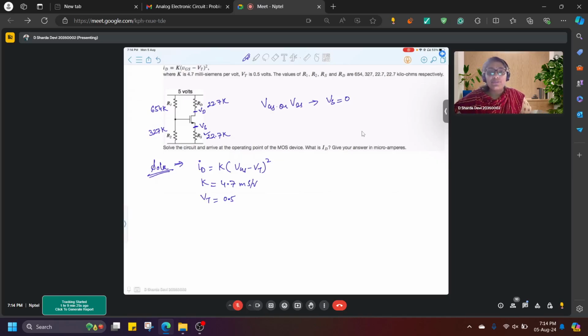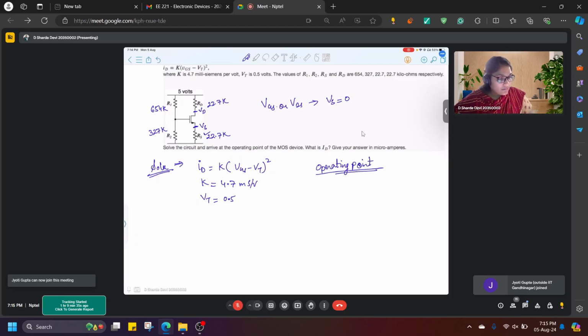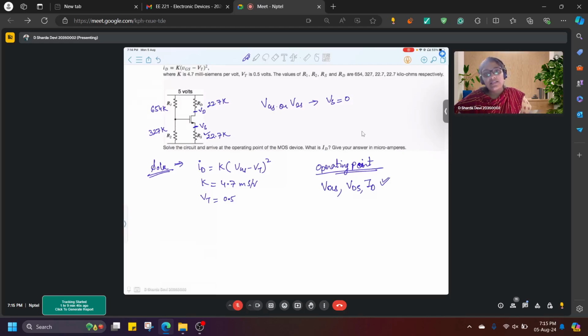When it is asked to give the operating point of the MOSFET, operating point basically means VGS, VDS, ID. So whenever you are asked to find the operating point, you basically need to find VGS, VDS, and ID.